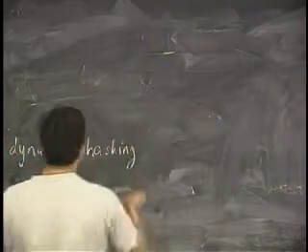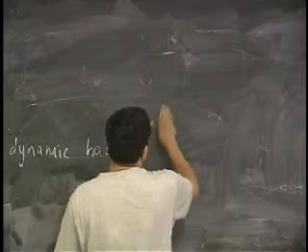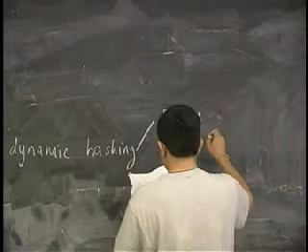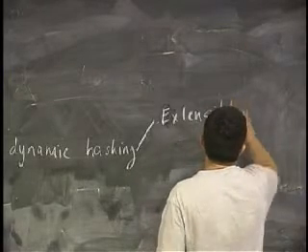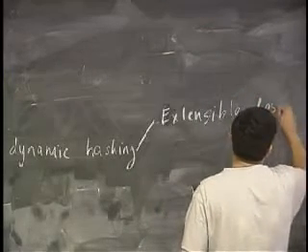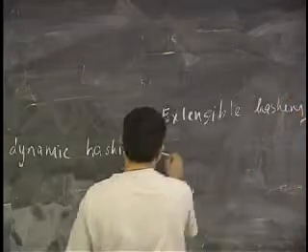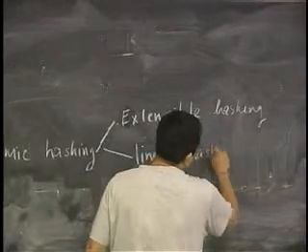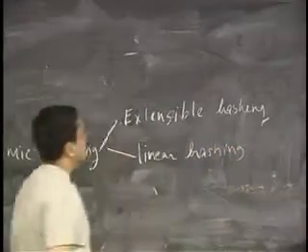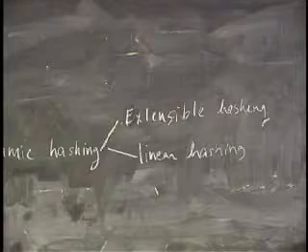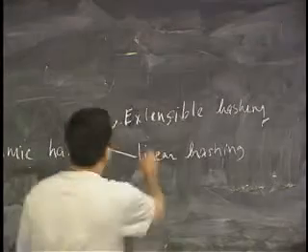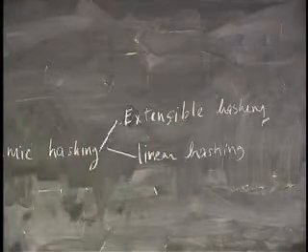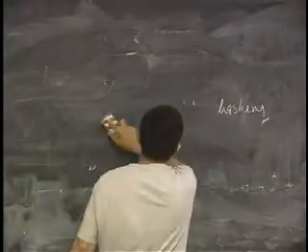In dynamic hashing, you have extensible hashing and linear hashing. So in extensible hashing, I'll expand extensible hashing first, then we'll get to linear hashing.